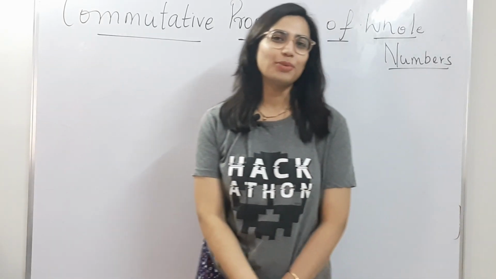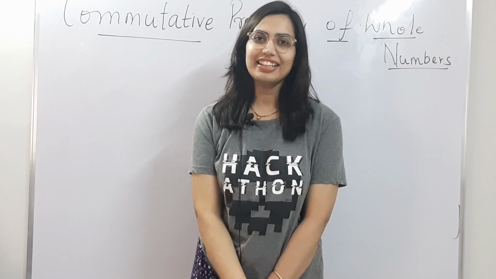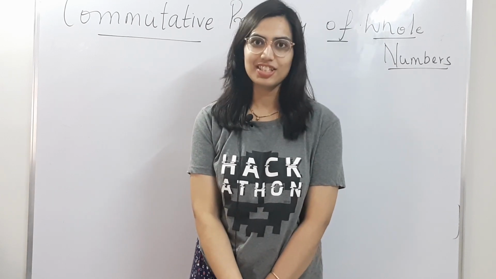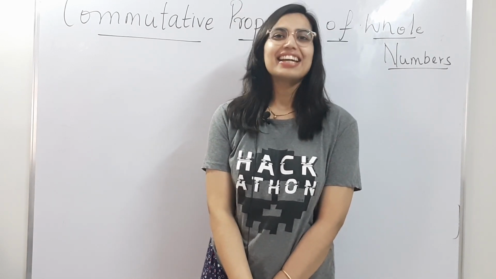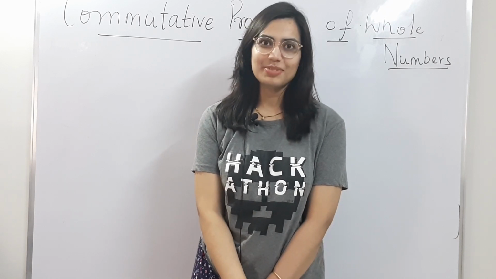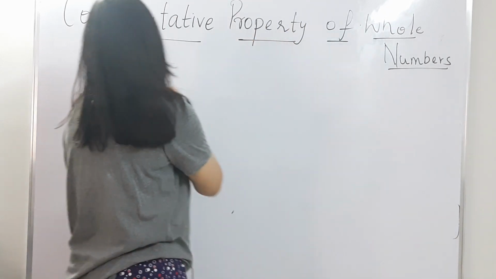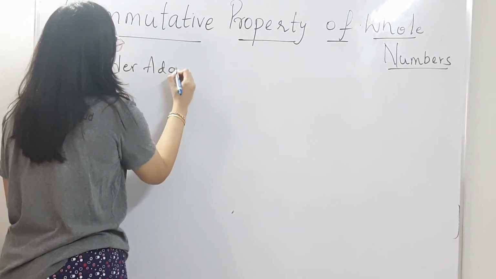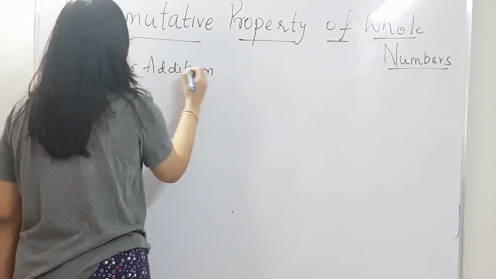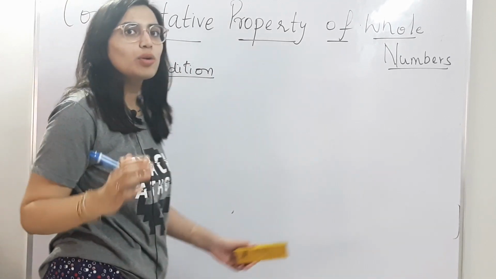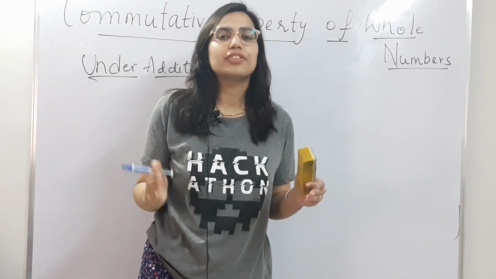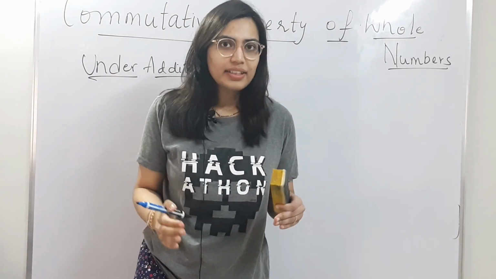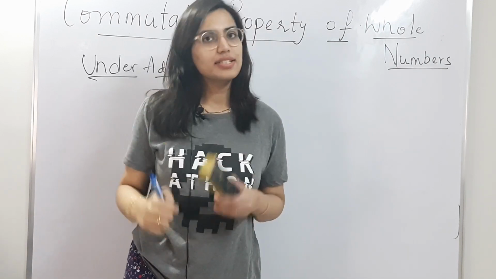Let's see the commutative property of whole numbers under all the four different operations. So first, let's see commutative property of whole numbers under addition. The commutative property of whole numbers under addition means no matter what the order of the numbers that you add, the result should be the same.